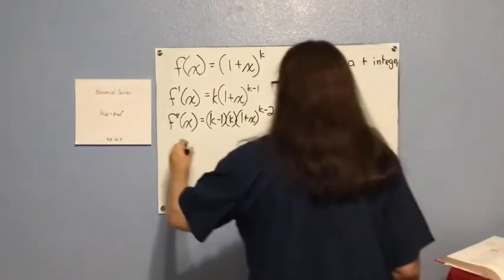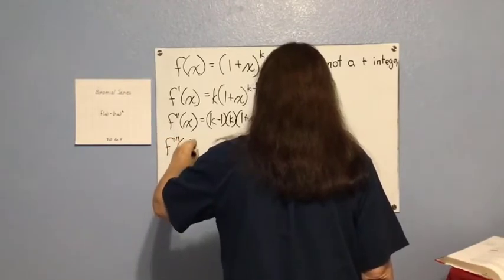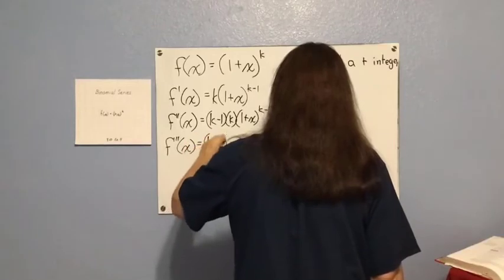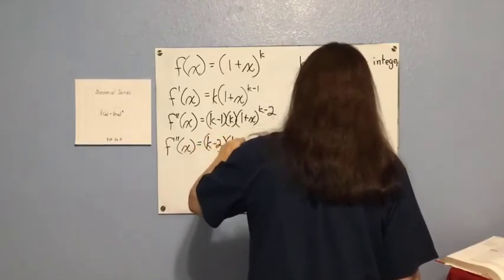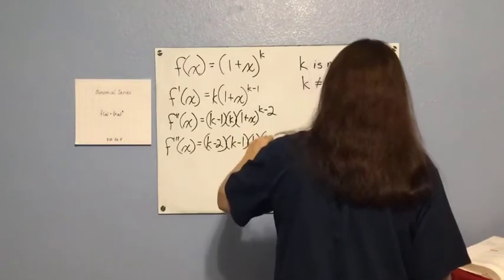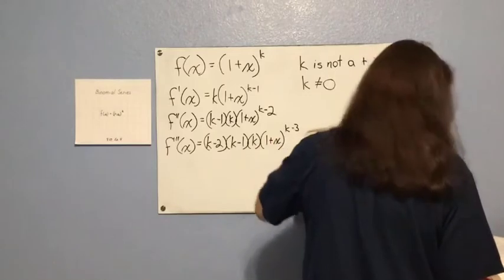And let's do one more. The third derivative of f is equal to k minus 2 times k minus 1 times k times 1 plus x to the k minus 3 power.